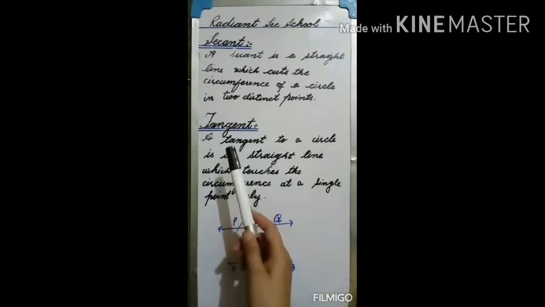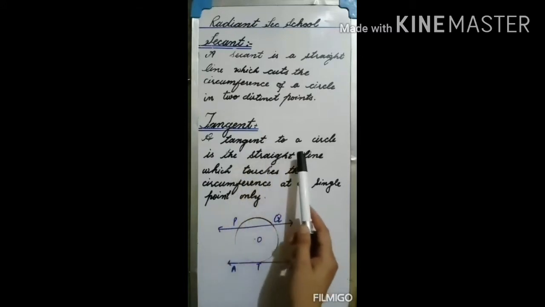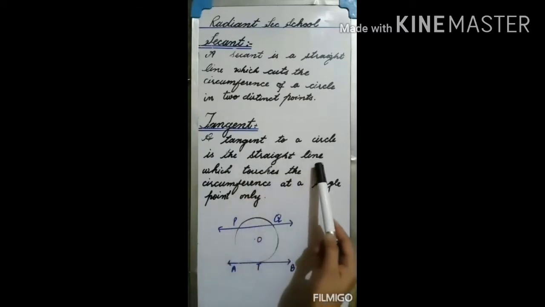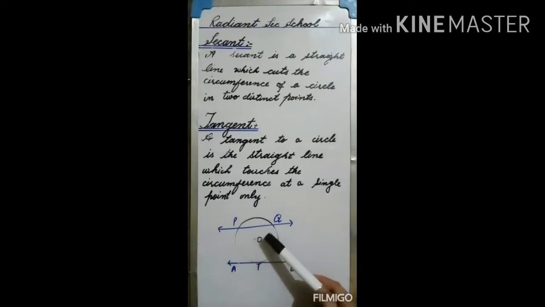What is the secant? Secant is a straight line which cuts the circumference of a circle in two distinct points. Now the next one is tangent. The tangent to a circle is the straight line which touches the circumference at a single point. Secant was such a line which cuts the circumference at 2 points, and tangent is that straight line which touches the circumference of the circle at a single point.